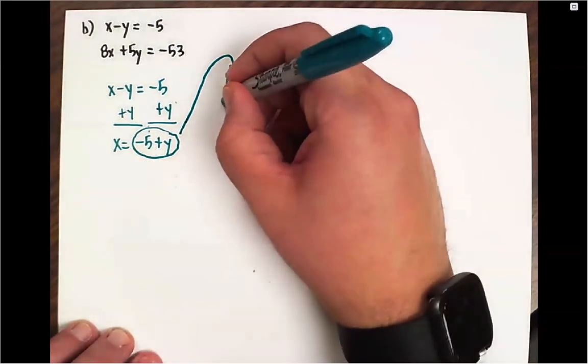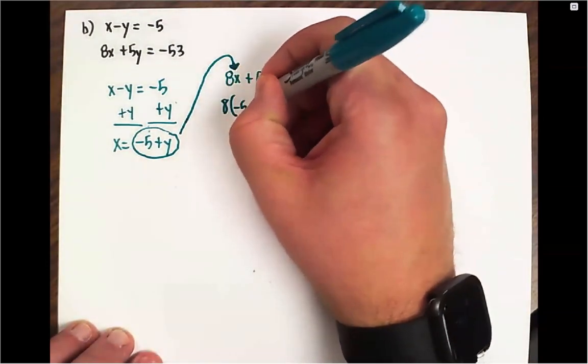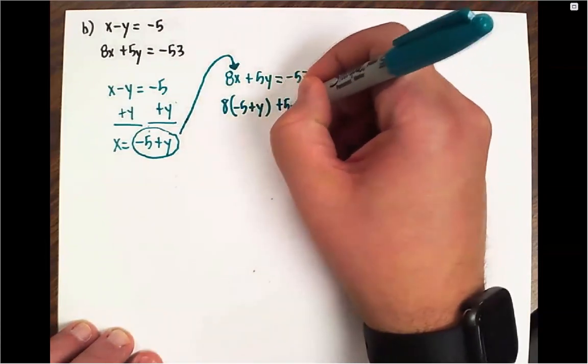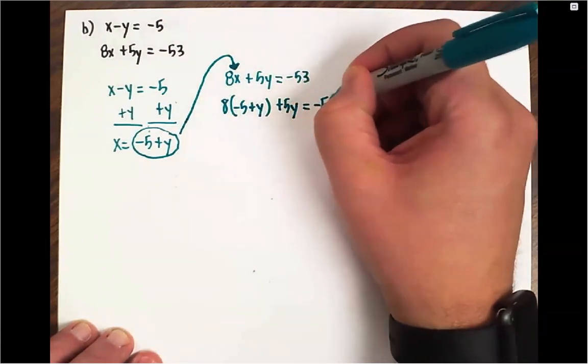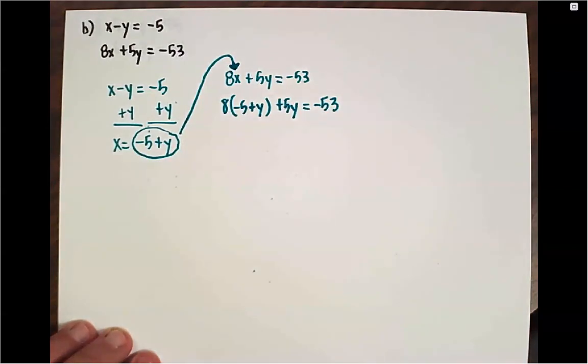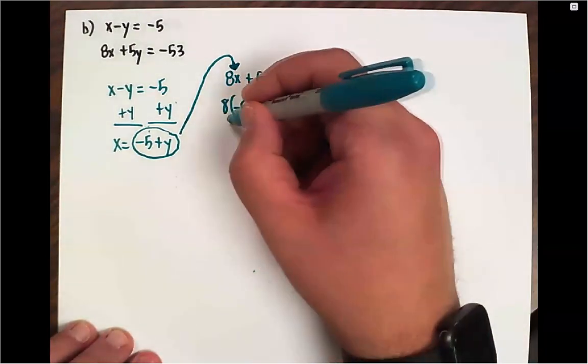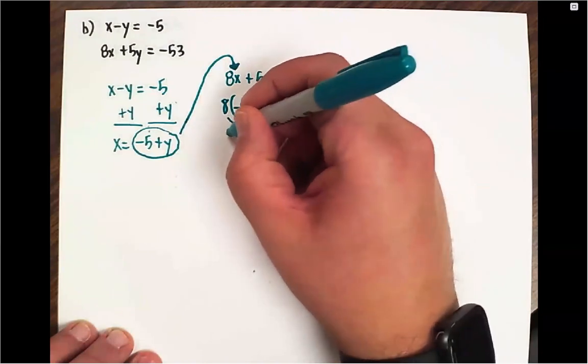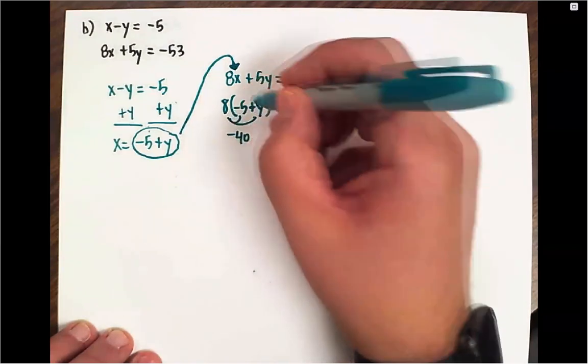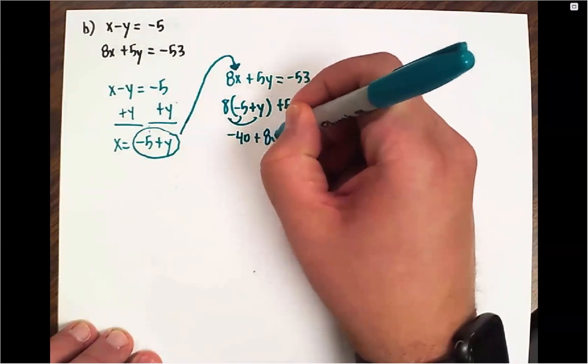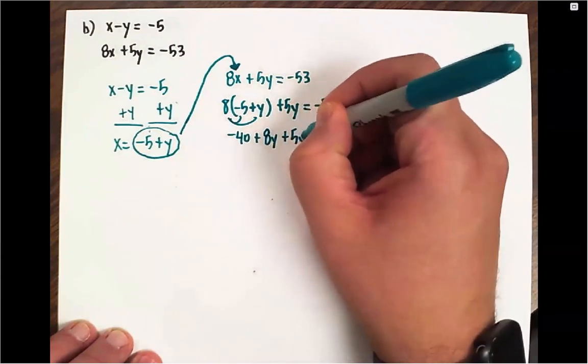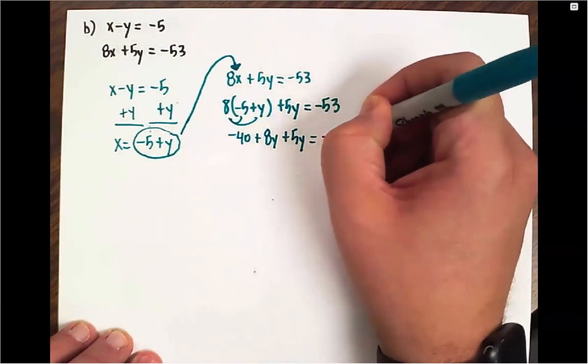So this becomes 8 times negative 5 plus y, plus 5y equals negative 53. Now I've got an equation that just has y in it. I can distribute. 8 times negative 5 is negative 40. 8 times positive y is 8y. Plus 5y equals negative 53.